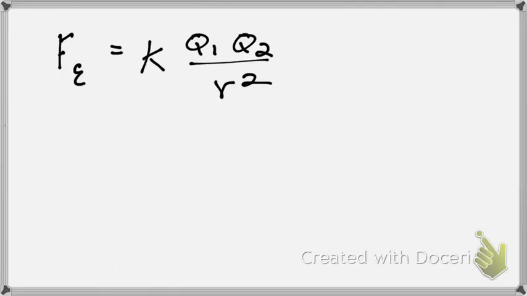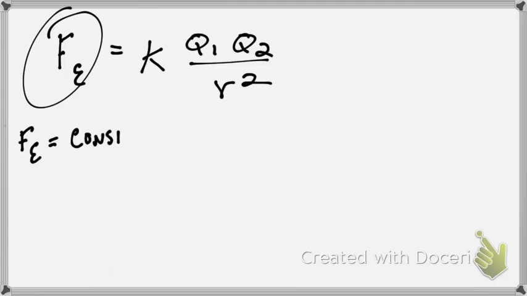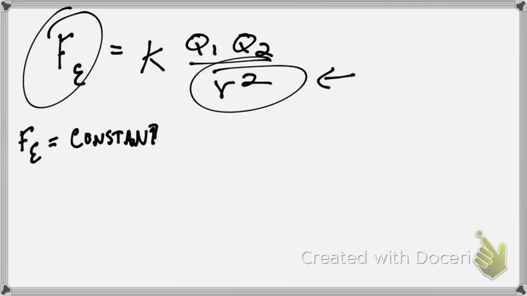If we're going to hold electrostatic force constant, and we increase the radius by 2, then R squared is increased by a factor of 2, which means that it has gone up by 4, right?